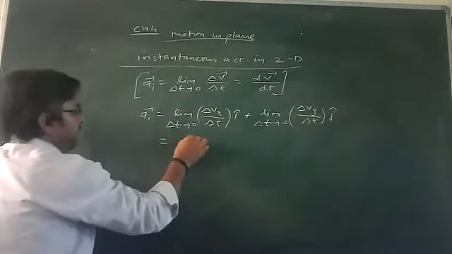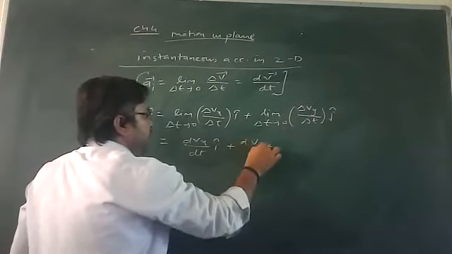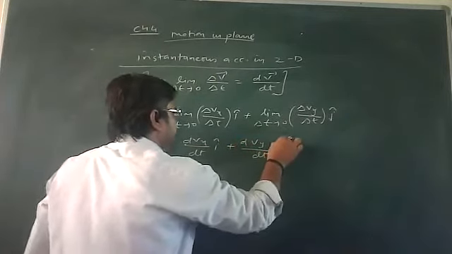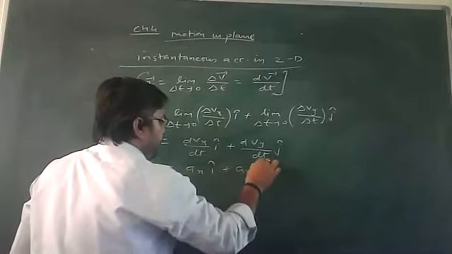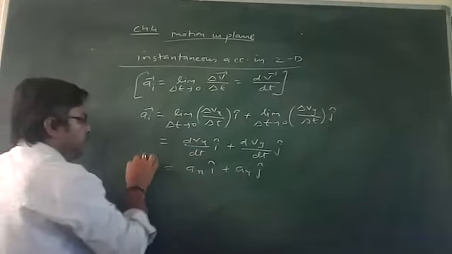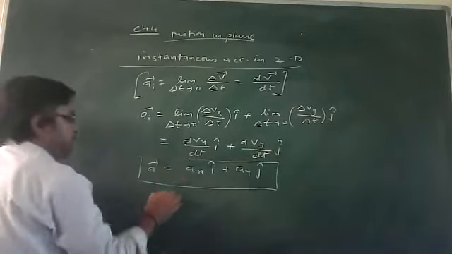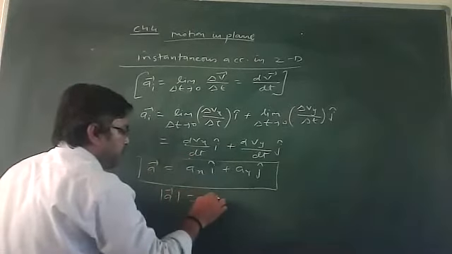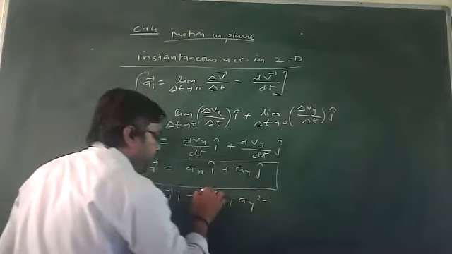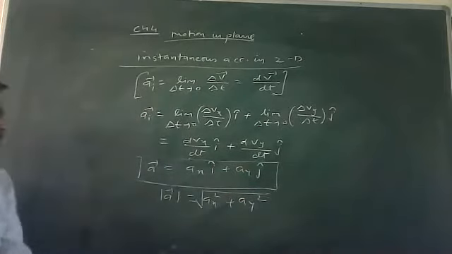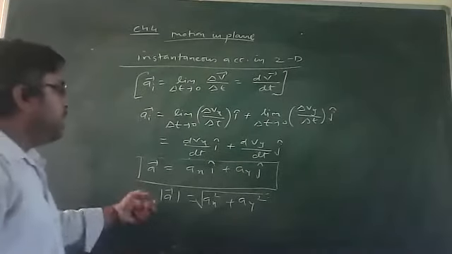We can write it as dvx by dt i cap plus dvy by dt j cap, and ultimately I will obtain ax i cap plus ay j cap. That will give me the value of acceleration. If you want the modulus only, you can obtain it as the square root of ax square plus ay square. This will give you the modulus of this acceleration. This is acceleration in 2 dimensions.